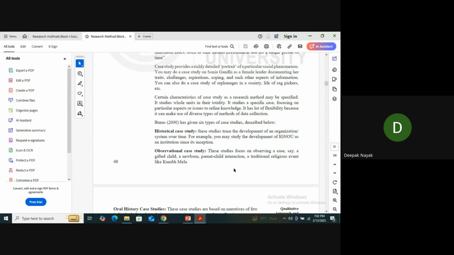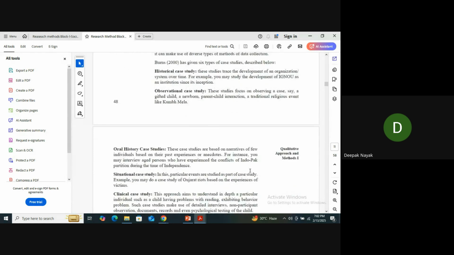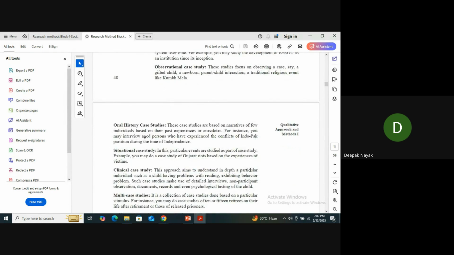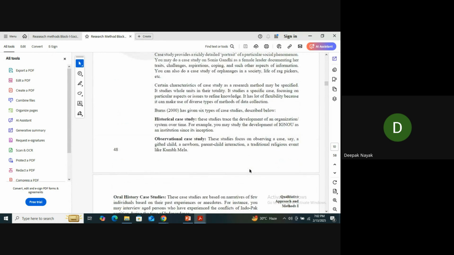So you are trying to have a holistic understanding about the person or child labor. Similarly, when you are studying a school, you have to understand it in detail. Here some guiding points are given.